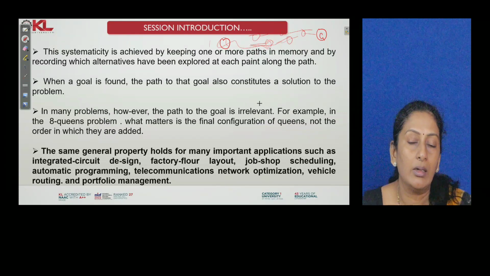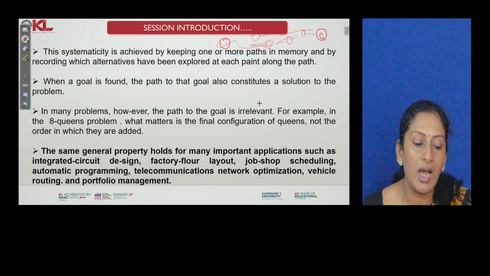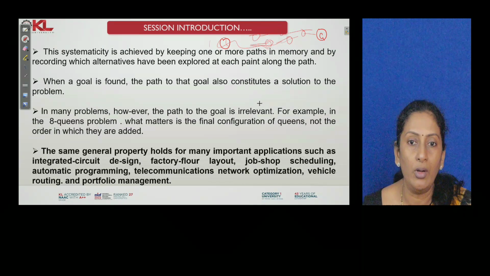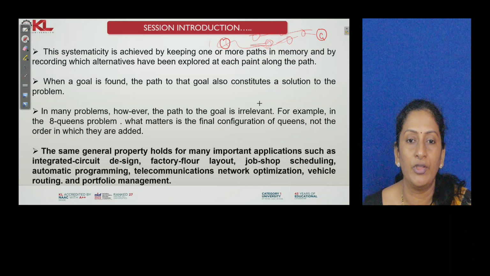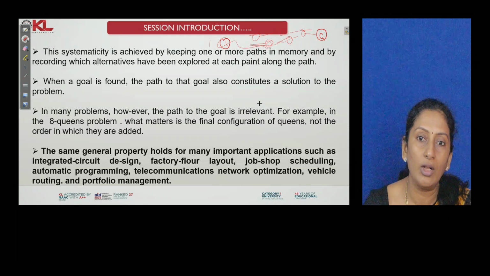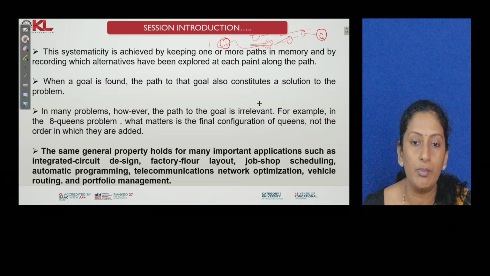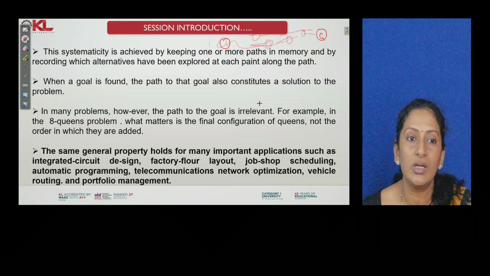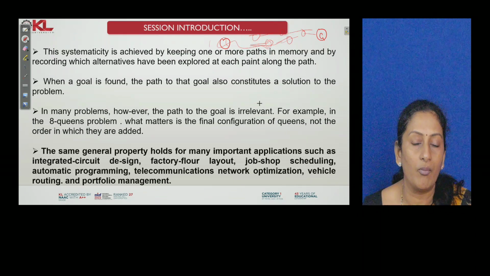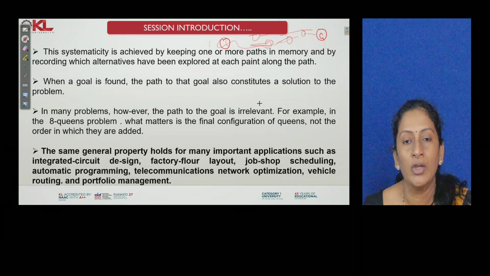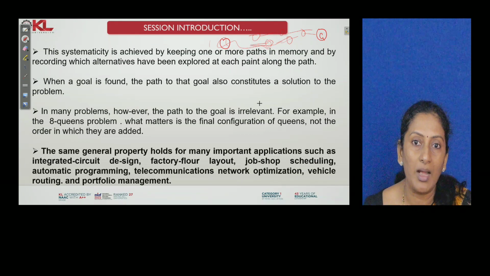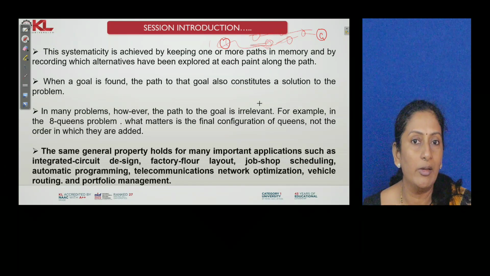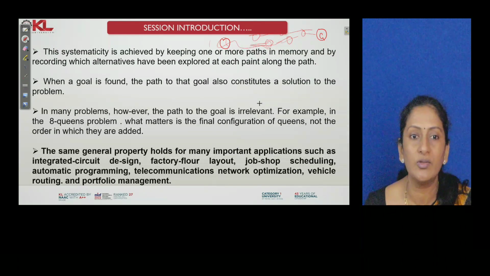However we arrange them, the answer will be the final state of the board, how you arrange the queens. There we don't consider all the paths that we made as an answer, but only the final state of the board, with the queens arranged in rows and columns satisfying all the constraints. So the answer may be the entire path, or it may be the final state. Both can be answers depending on the problems we solve.